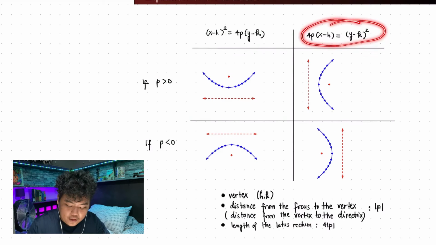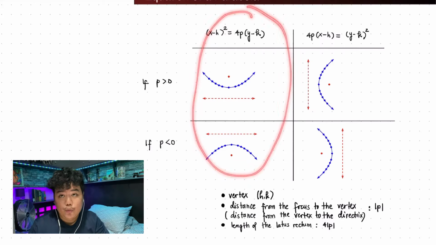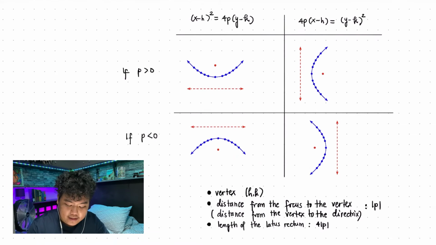So, for this form, pag naka-square si y, your parabola opens to the right or to the left. Okay? So, punta muna tayo sa column 1. So, if you have this form and P is positive, your parabola opens upward. If P is negative, the parabola opens downward. And if you have this form and P is positive, your parabola opens to the right. If P is negative, opens to the left.